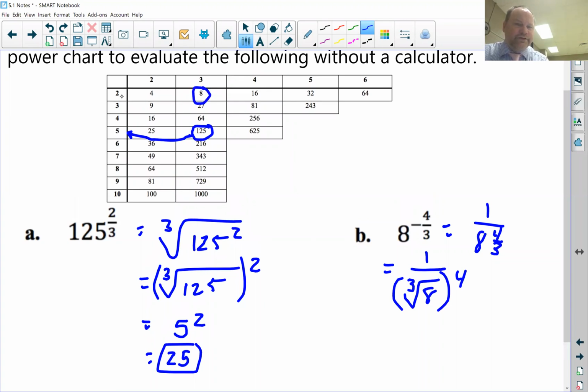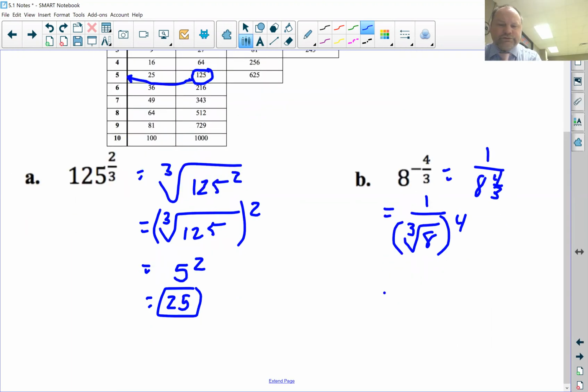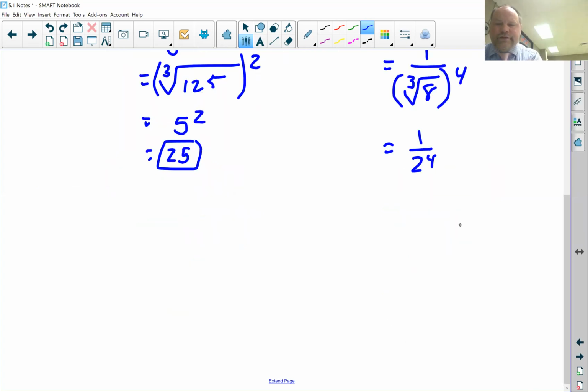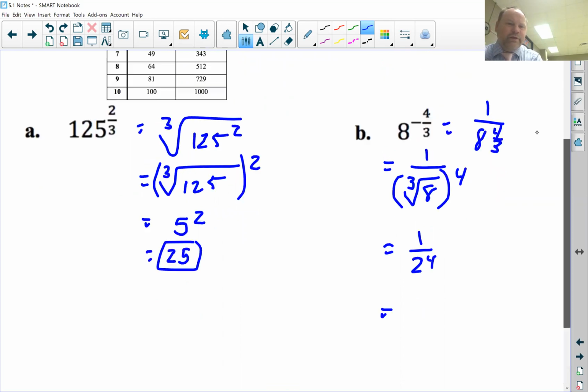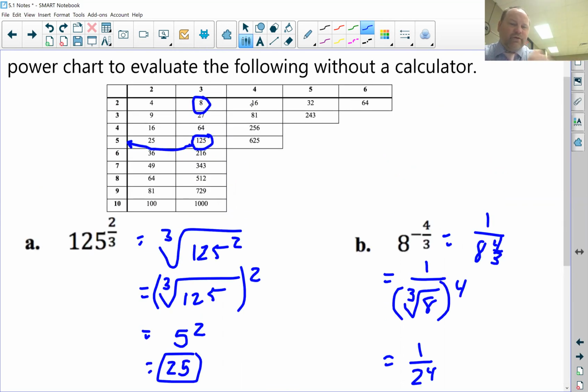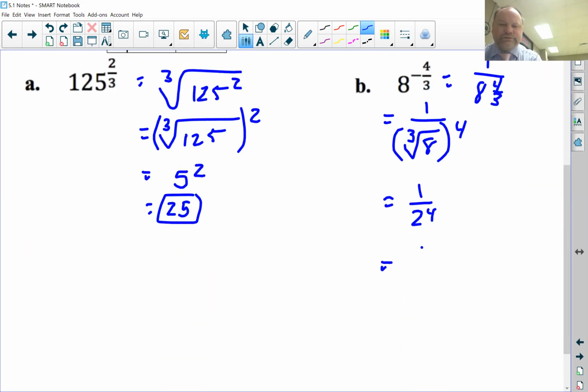The cube root of 8 is 2. And then if I go back up, 2 to the 4th power is 16. So the 16 is what's in the denominator.